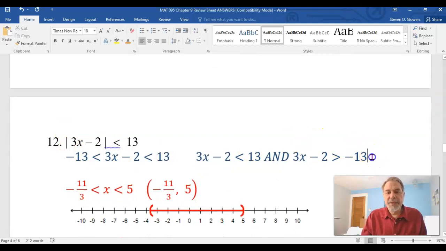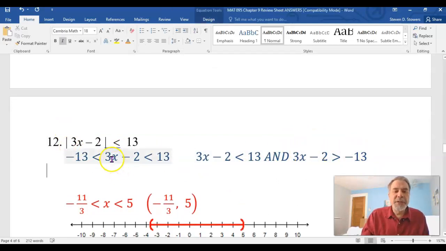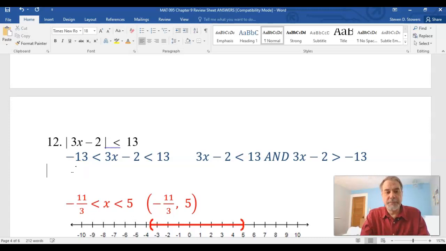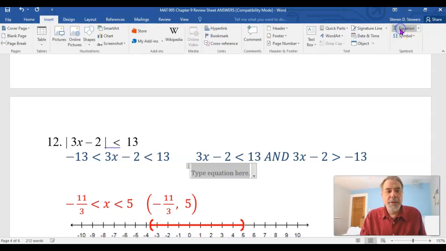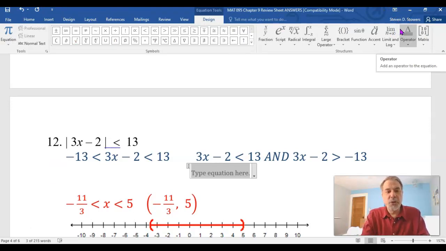Okay, so from here, we have to solve this three-sided inequality so that we end up with just plain x in the middle. Right now, we've got 3x minus 2 in the middle. So first, let's undo the minus 2 by adding plus 2 to all three sides. The negative 13 plus 2 would be negative 11.